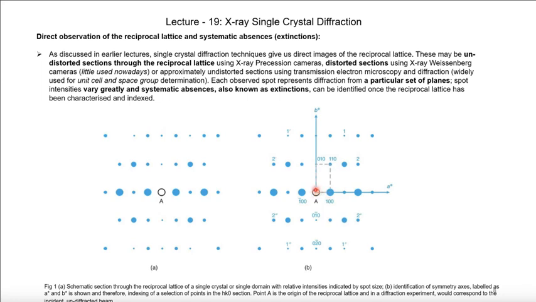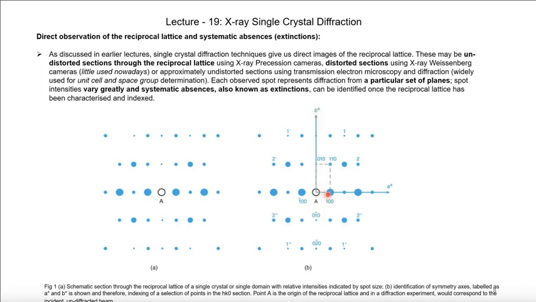If this is 0, 0, 0, then this one is 1, 0, 0, because this is the a star unit cell axis, and this is the b star unit cell axis. If you remember, we were talking about the reciprocal lattice axes a star and b star.